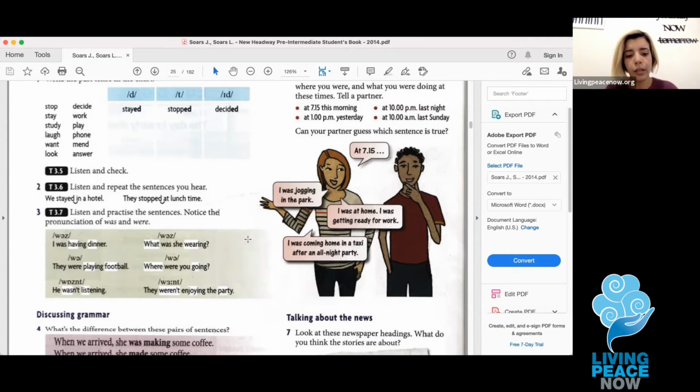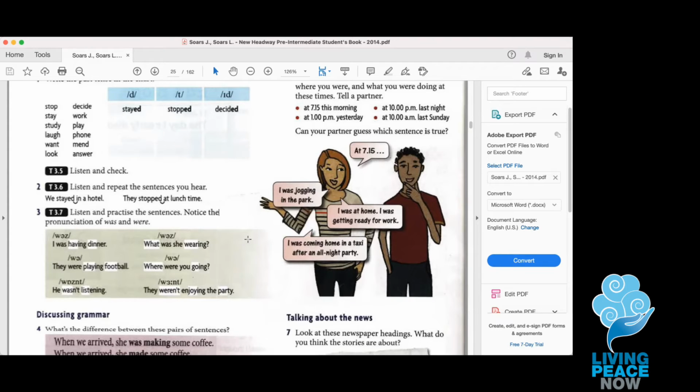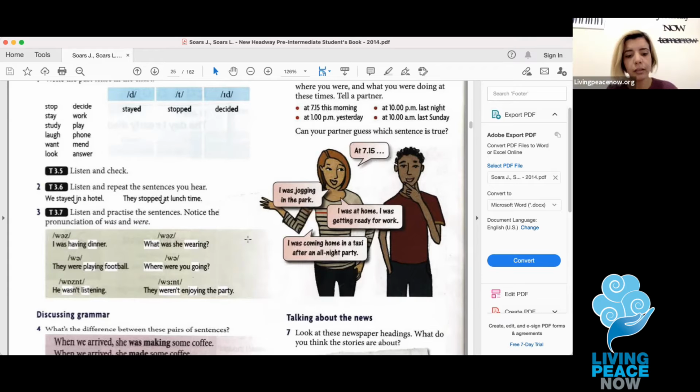So it's always was or were according to the subject you are going to use. Was plus subject plus stem plus ing plus question mark. Guys, don't forget your question mark and intonation, because when you make it a question and a statement, it's not the same.